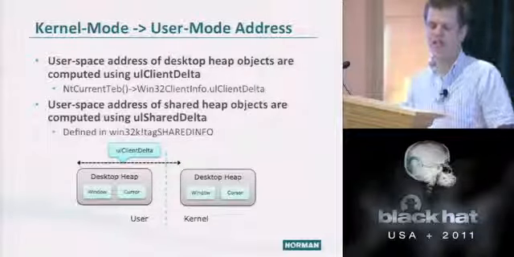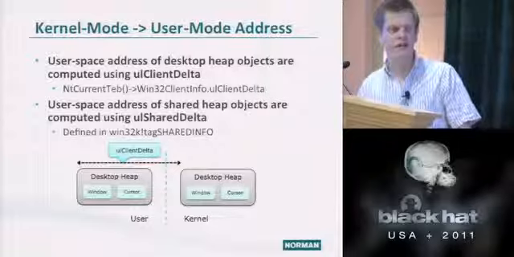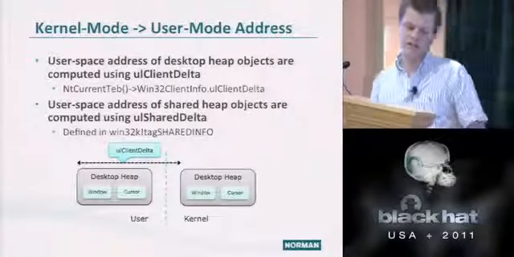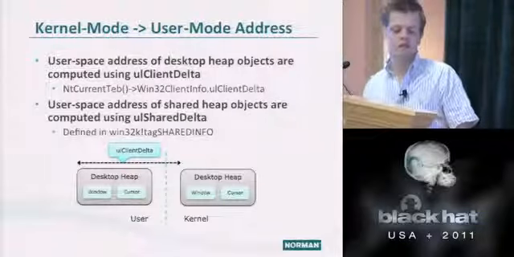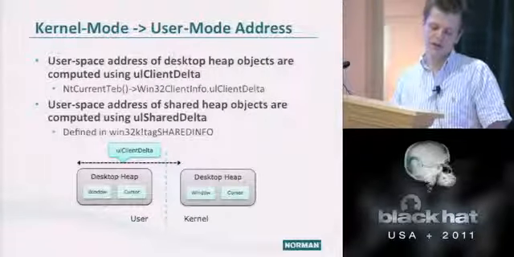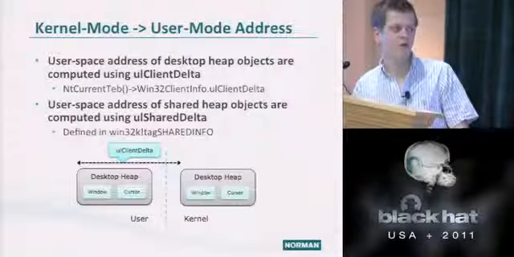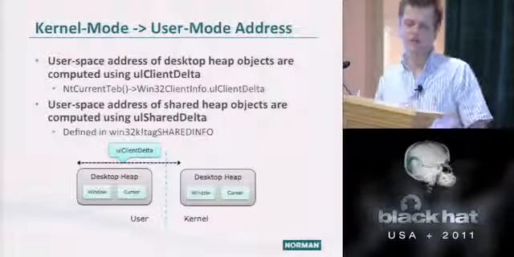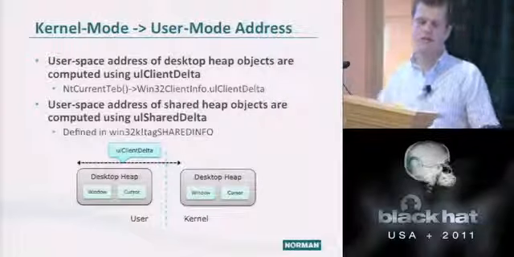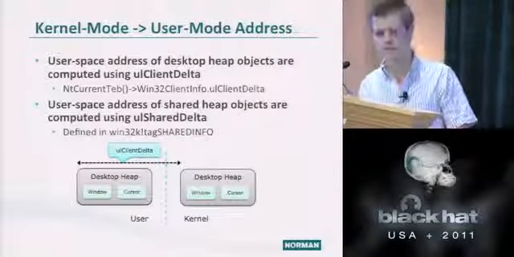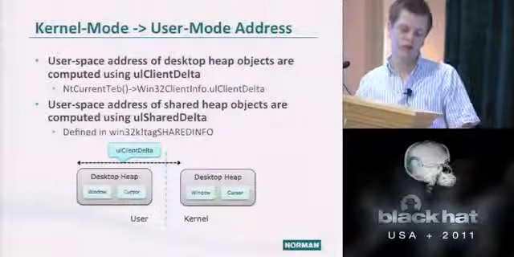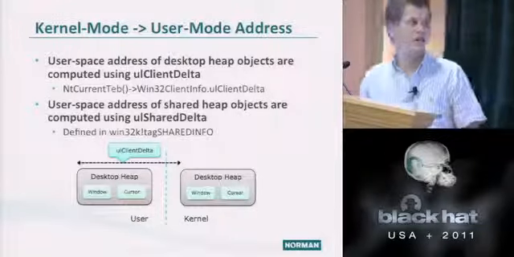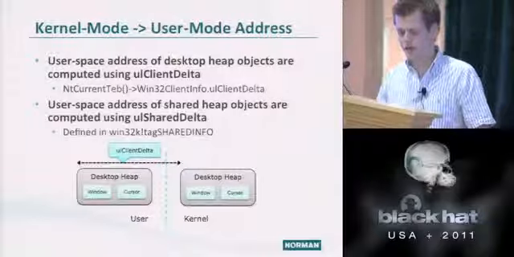They take the pointer to the desktop heap in the kernel, and they use a delta that is also readable from user mode, and then they know the address of the user mode mapping. They don't store pointers to user mode, they only store pointers to kernel mode, so that's why you see all these kernel mode pointers when you poke around in the desktop heap. So for them to look up other objects, they do this to find the right location in user mode.